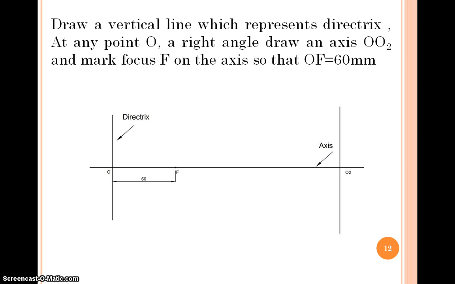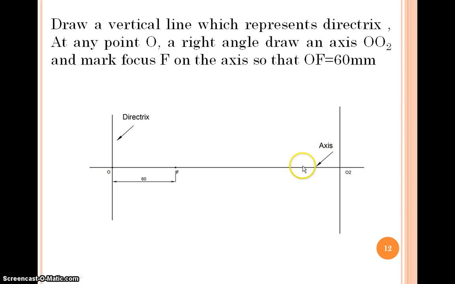First of all, you have to draw a vertical line which represents the directrix at any point, and let us consider that point as O. At right angle, draw an axis, and the name of the axis is O2.